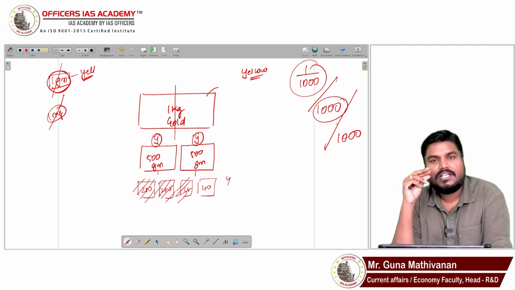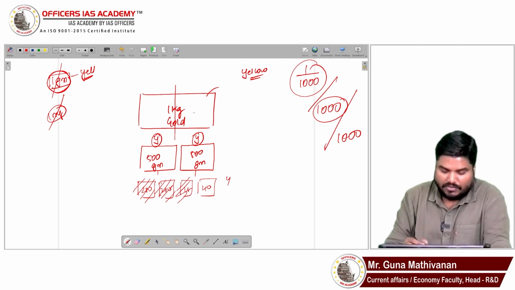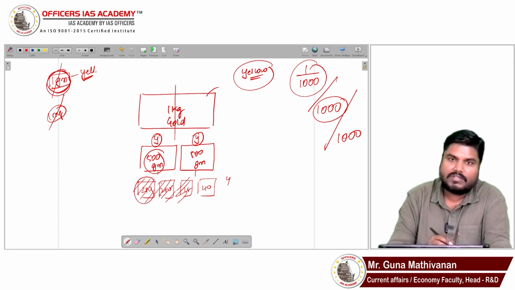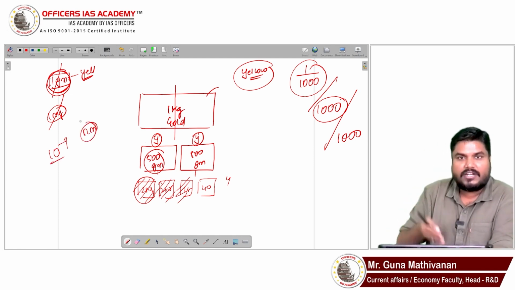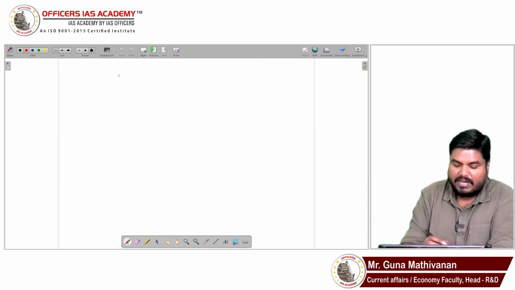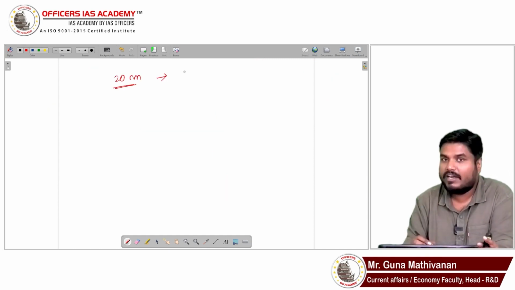At that time, the glowing properties of these substances vary. When it was 1 kg, gold was yellow. At 500 grams, yellow. At 250 grams, yellow. At 1 gram, yellow. But when I divide the gold down to the nanometer scale, say 20 nanometers, the gold is no longer yellow, it is orange.